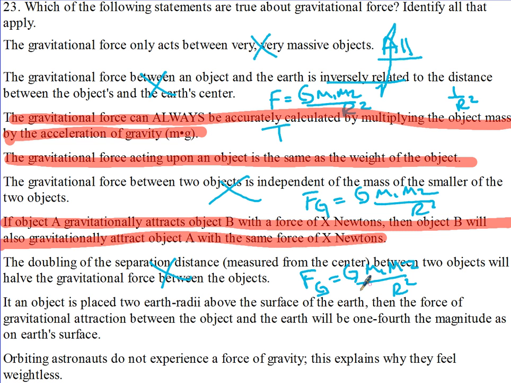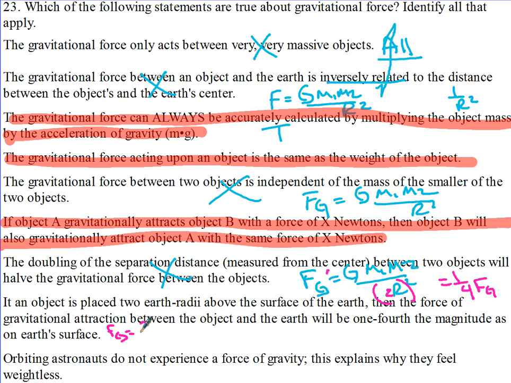If I double the distance, that's going to be 1/4 the force of gravity. So that's not true. If an object is placed 2 Earth radii above the surface of the Earth, then the force of gravitational attraction between the object and the Earth will be 1/4 the magnitude on the Earth's surface. No. And this is going to take a little bit of work.